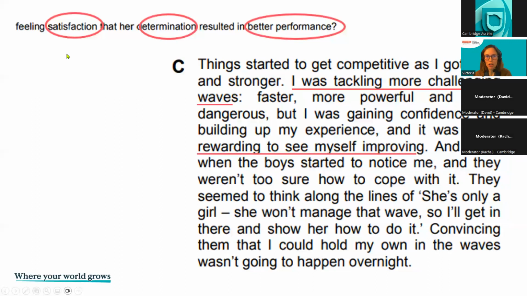And we've got satisfaction. It was really rewarding. Okay. Better performance, to see myself improving. Okay. Determination. Okay. She was trying to gain confidence. She was building her experience by tackling more challenging waves. Okay. Faster, more powerful, more dangerous. Okay. So she kept going, okay, despite the challenges.